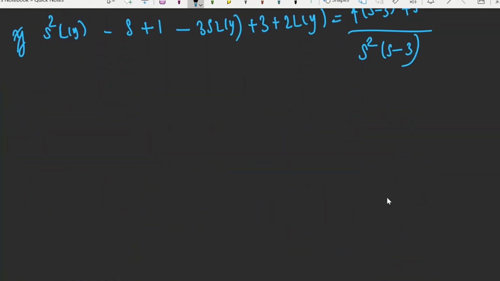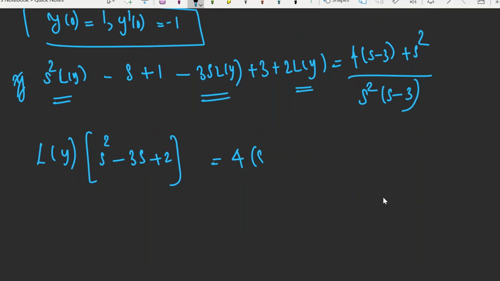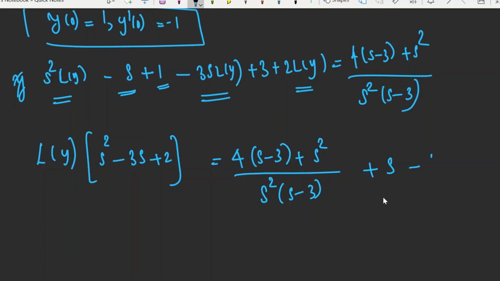So for this, L of y on the left side, s square minus 3s plus 2, remaining terms on the right side: 4 times s minus 3 plus s square divided by s square, s minus 3. So minus s will become plus s, positive 1 will become negative 1.